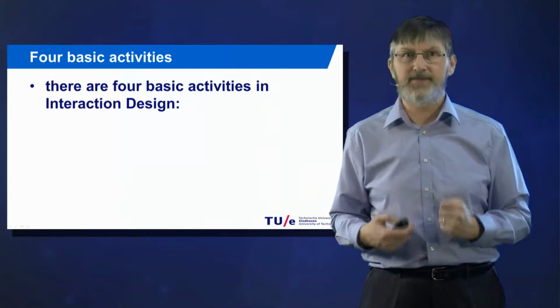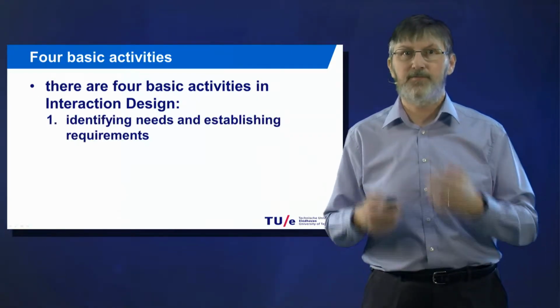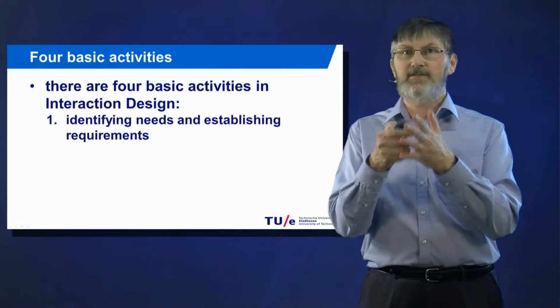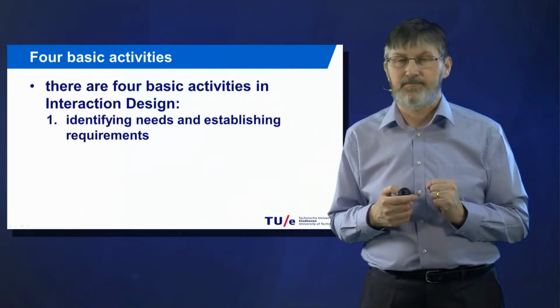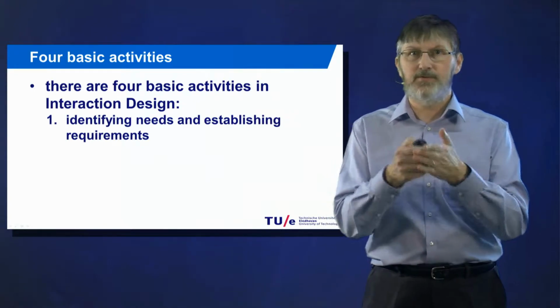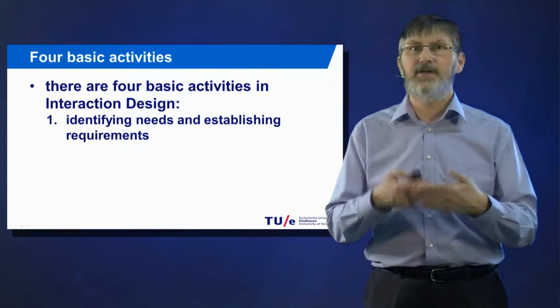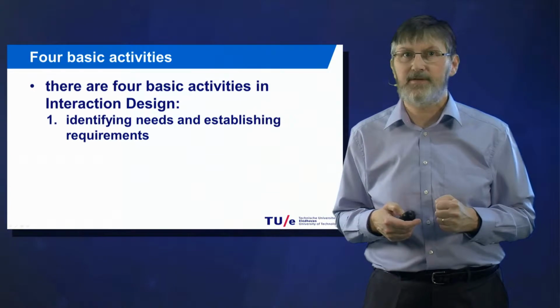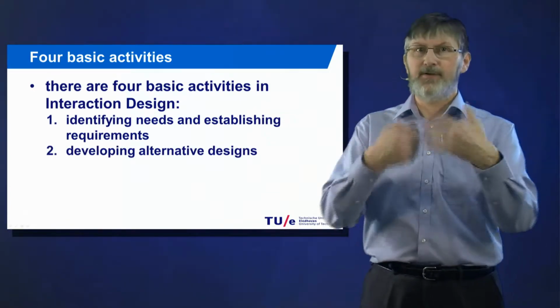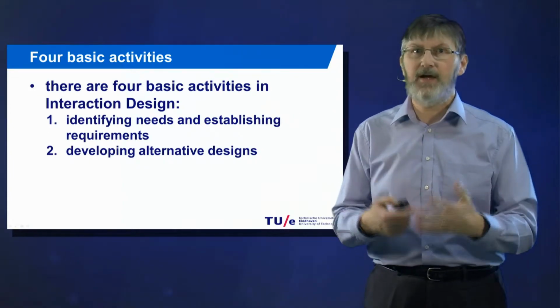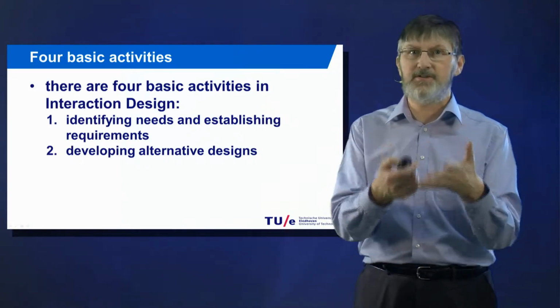There are 4 basic activities to consider. First of all, we need to establish what the requirements are. What do the users need in order to perform their task? Once we know that, we can offer them some alternative ideas, some initial designs.